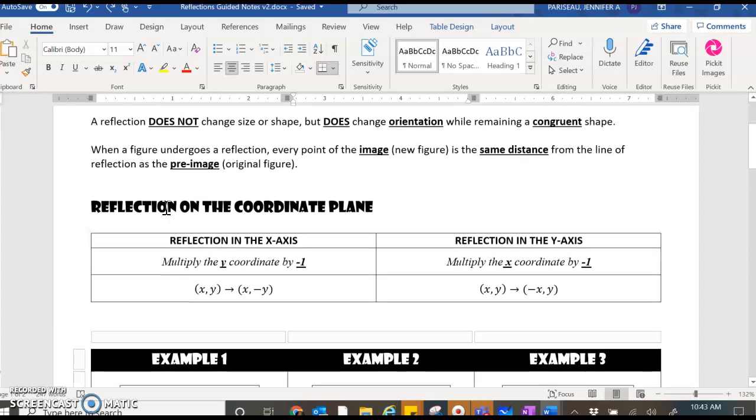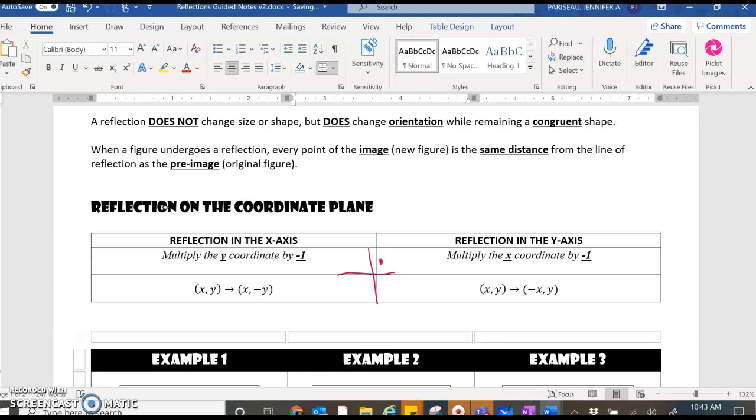This is what ends up happening when you are reflecting over the x-axis or over the y-axis. So let me just draw that in really quick. If I draw in an x and a y-axis right here, and let's say I have a point right here and it's reflected in the x-axis.